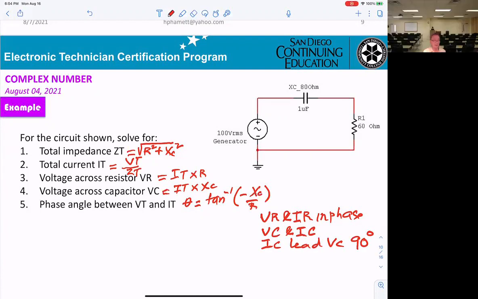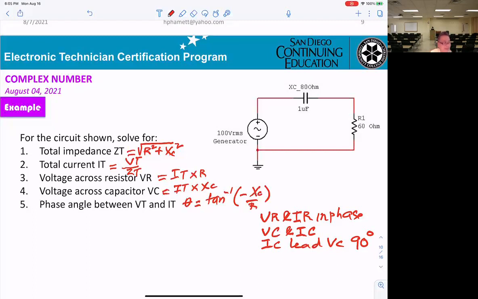Now, only the one that is not in phase and not 90 degrees different is VT and IT. So that's why you calculated tan inverse of XC over R. But the question is: is VT leading or IT leading?